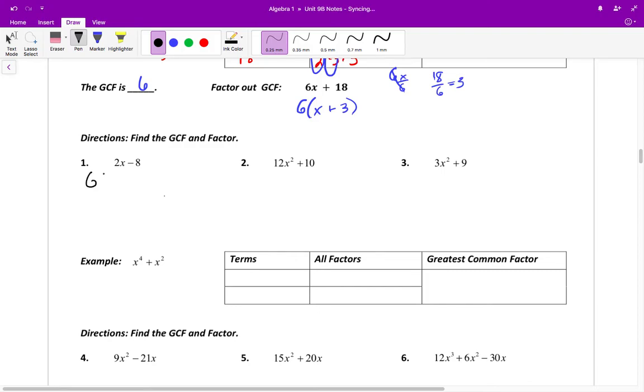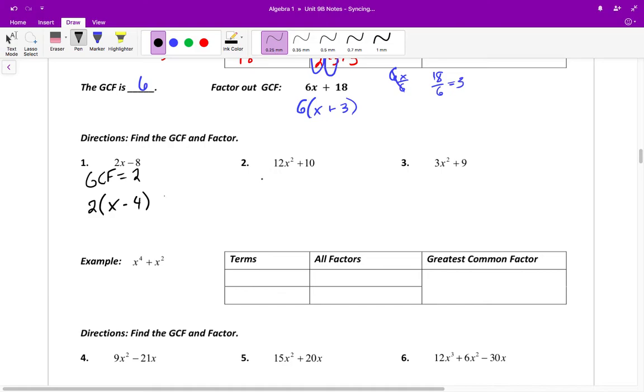The biggest number should be a 2. In other words, your greatest common factor here would be a 2. So you say 2, and then in parentheses, you write what you get when you divide. 2x divided by 2 should just be x, and then 8 divided by 2 is 4. You're subtracting in between, so keep it subtraction, and there's your final answer.